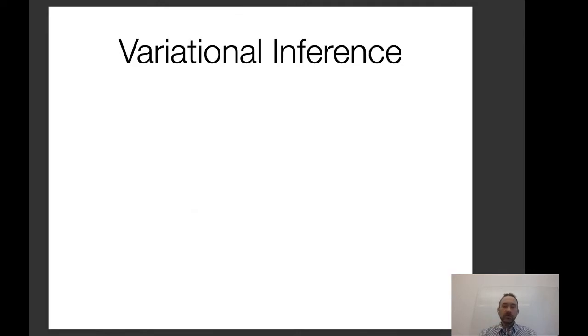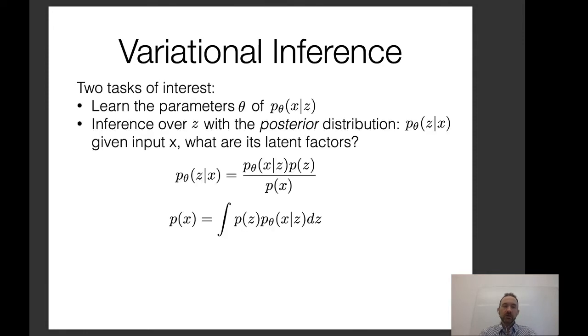The way we do this is through something called variational inference. We have two tasks of interest. The first is to learn the parameters of this probability distribution here, theta.